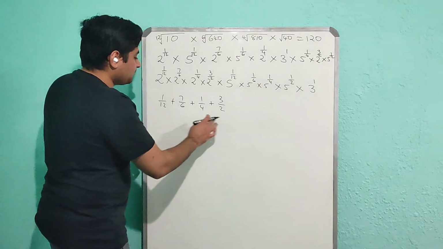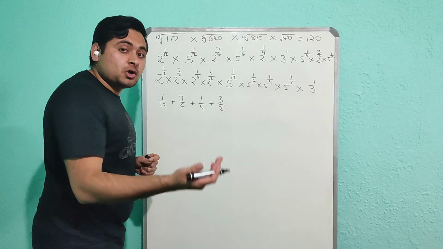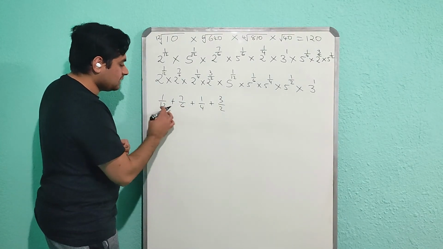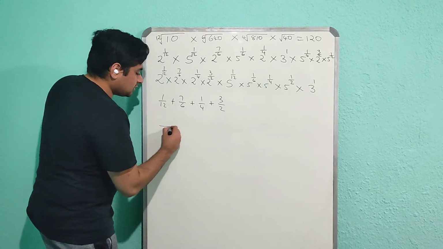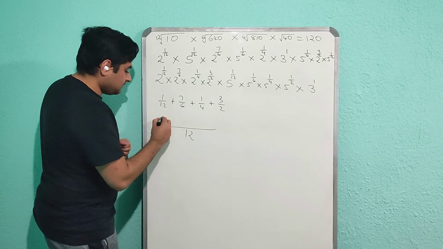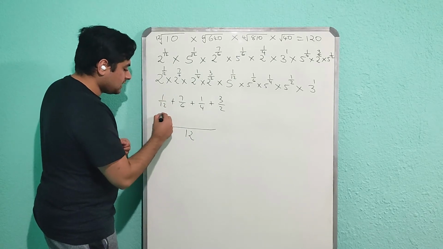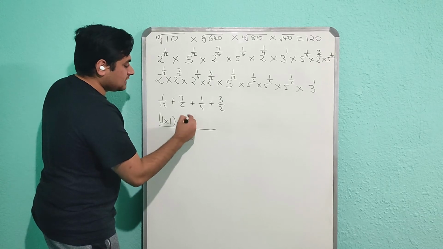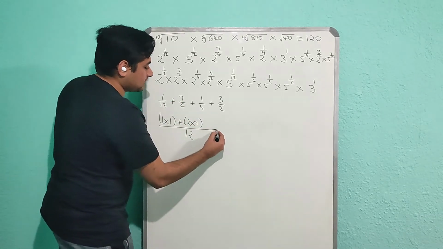If you look at them, you can see your lowest common denominator is 12, because every number here can go into 12. Hence the lowest common denominator is 12. 12 can go into 12 one time, 1 times the numerator is 1, plus 6 can go into 12 2 times, 2 times the numerator, which is 7.